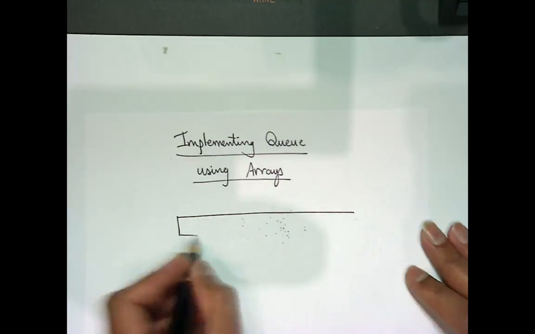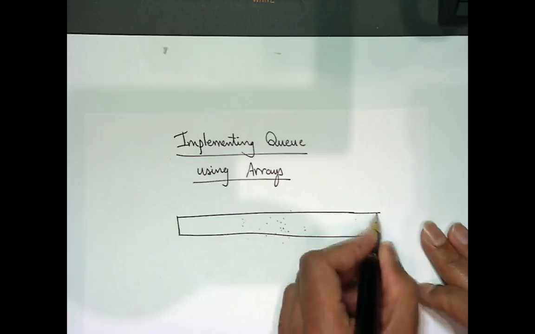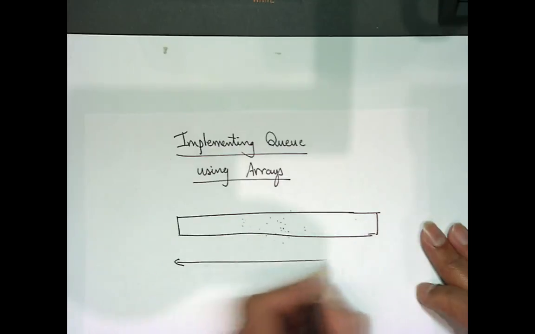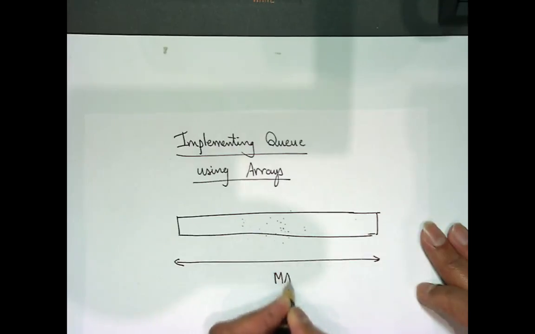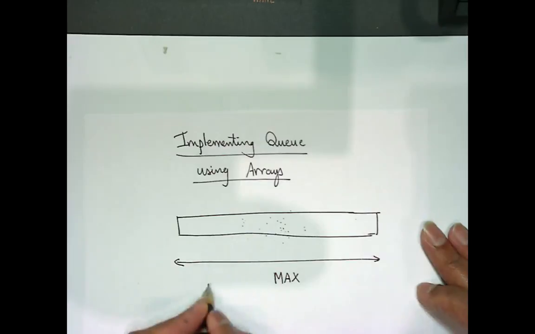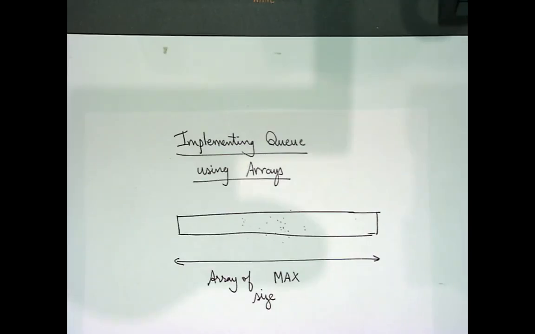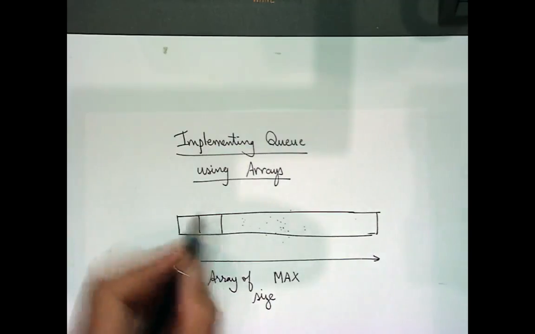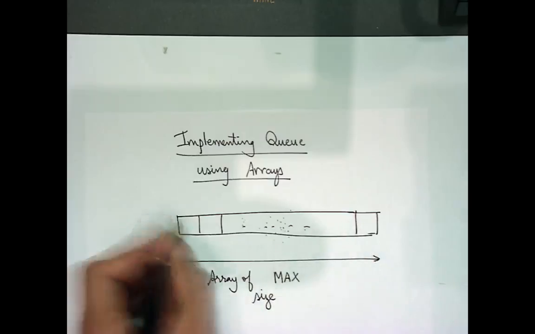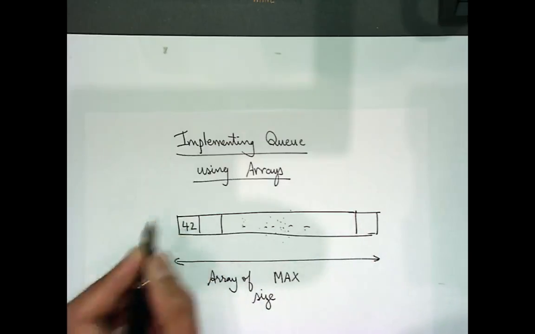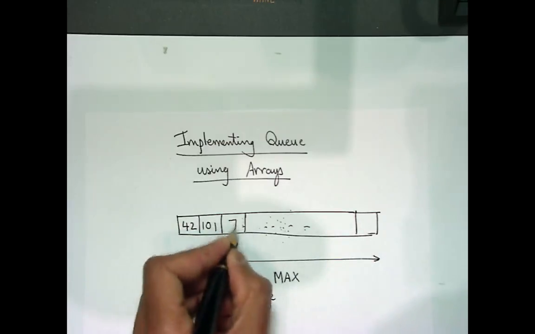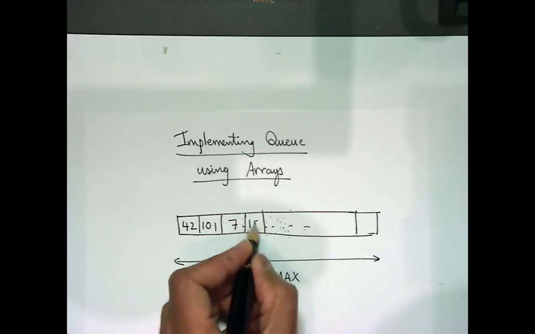You allocate an array, and let's just say that we know the size of the array is max. So this is an array of size max. And so we could say 42, 101, 7, 15.